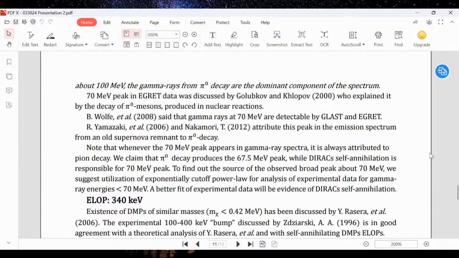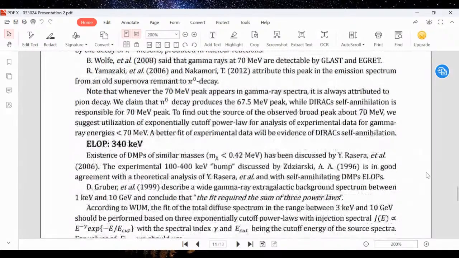To find out the source of the observed broad peak around 70 mega-electron volts, we suggest utilization of an exponentially cut-off power law, as usual, for analysis of experimental data for gamma-ray energies less than 70 mega-electron volts. A better fit of experimental data will be evidence of Dirac's self-annihilation.